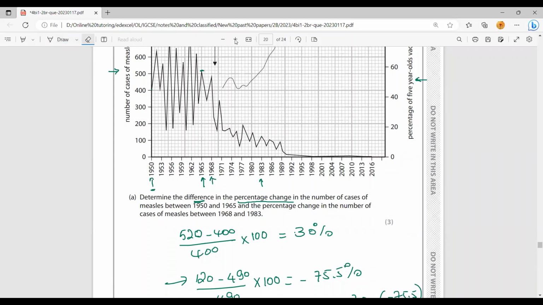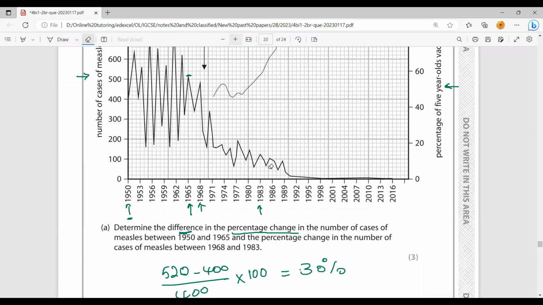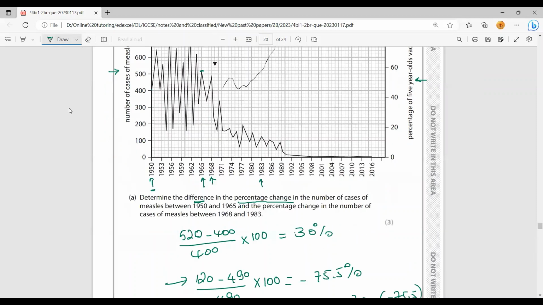I read the peak as between 120 and 140. Look at the peak. It's closer to 120, actually. But there is a range, in such questions there is usually a range, don't worry.